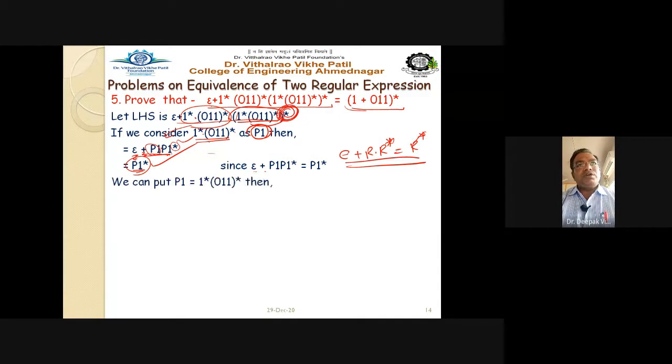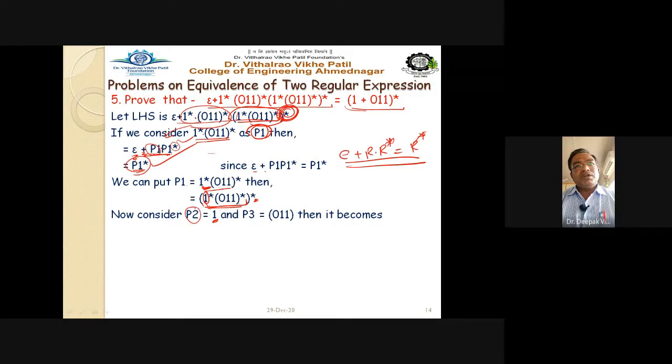Now next step. Now again this term is 1 star into (0 1 1) star. So here also we can put P1 equal to this term. P1 star means the bracket raised to star. Now consider this 1 as P2, and 0 1 1 as P3.